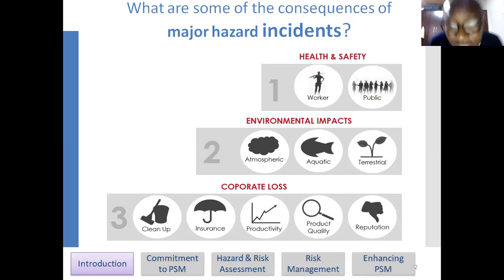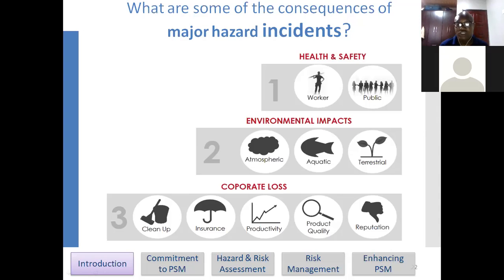The first health and safety issues are probably to the workers, because they are the ones directly close to the facility. So when a major incident occurs, the workers suffer most. The next set of people that suffer most are the public, probably people living close to the facility, or people within the facility area, or people associated with the facility.